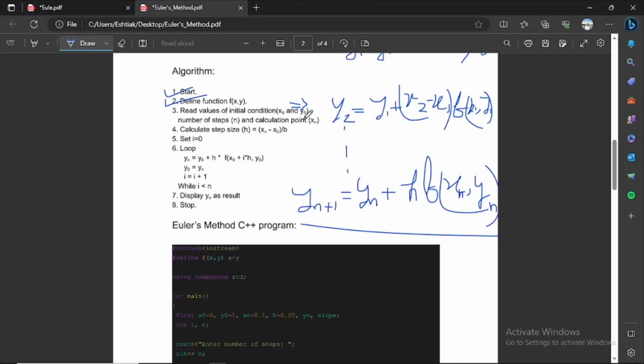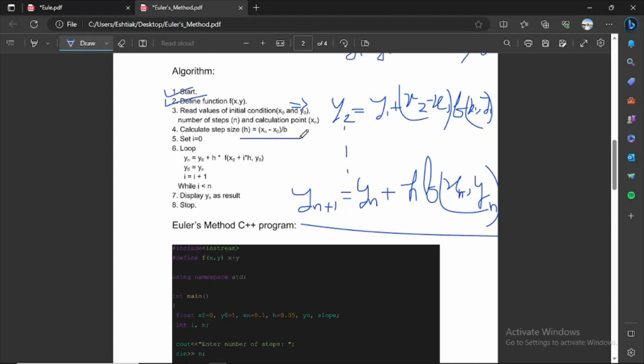The initial condition is a very important topic here. We have to specify the value of x0 and the value of y0. We can add the number of steps in our code, and the calculation point will be xn. Xn will be our calculated point.